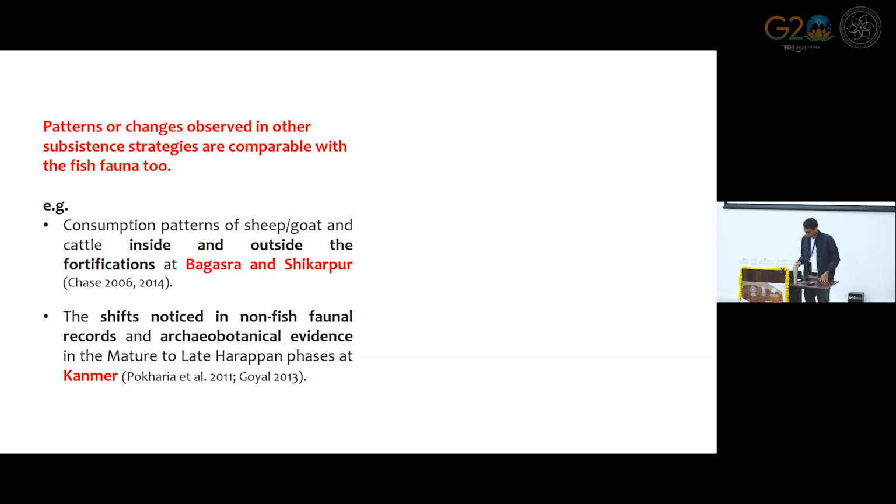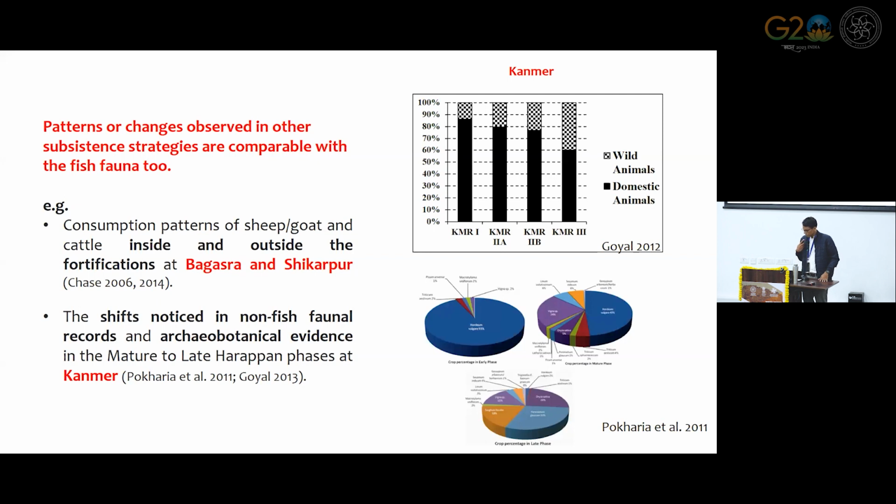And at Kanmer, in the non-fish faunal records, towards the late phase there are a lot of wild animals. The quantity of wild animals is increasing. Similarly, in archaeobotanical evidence also, towards the later part of the occupation, millets are dominating. This kind of shift can be noticed in other assemblages and other studies as well.